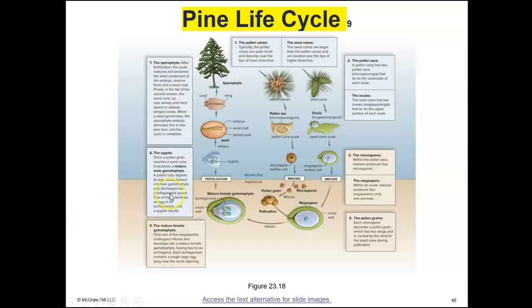So what happens is a pollen tube grows toward the female gametophyte and discharges not 1 but 2 sperm. And they are non-flagellated. They don't have flagella, but 2 sperm instead of 1. One of the sperm fertilizes the egg and a zygote results. And then if you go to step 7, it doesn't tell you what the second sperm does.